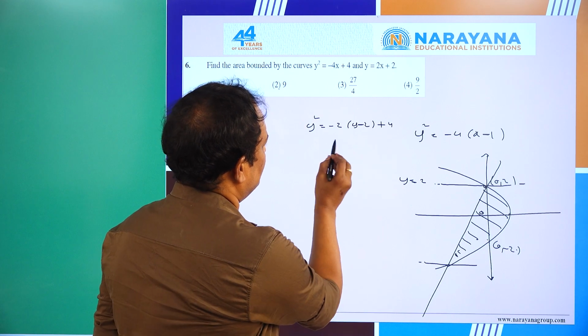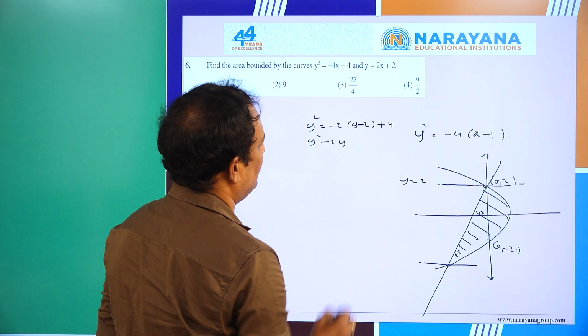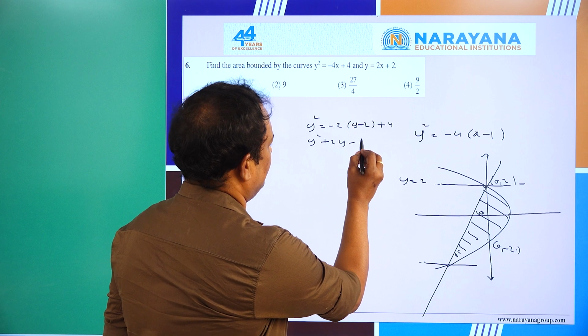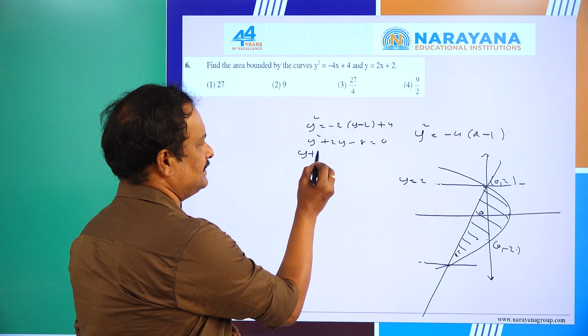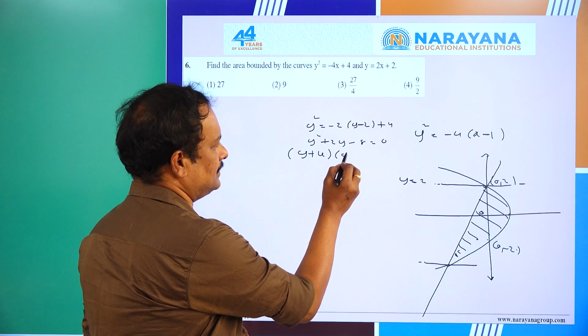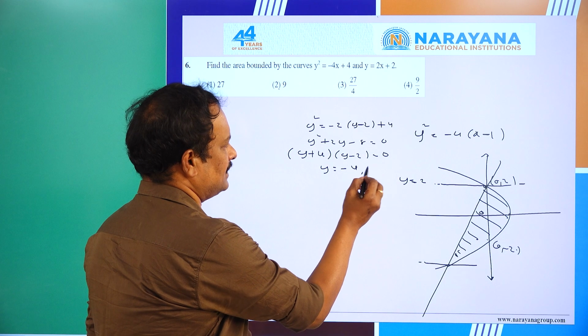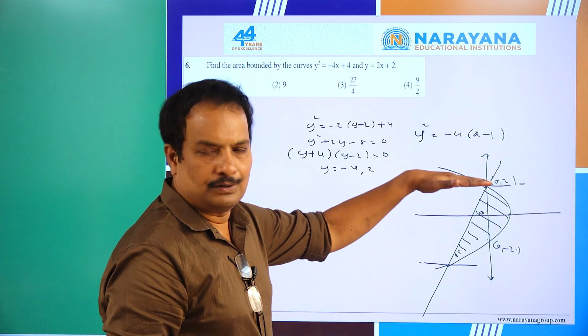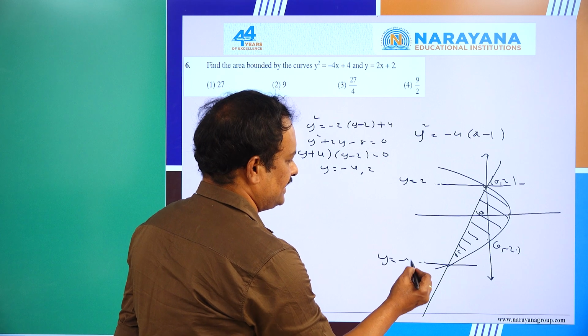So very clearly this is y² + 2y - 8 = 0. So this is nothing but (y + 4)(y - 2) = 0. So one of the values is y = -4, the other one is 2. Already we got the y = 2 line, so this is the y = -4 line.